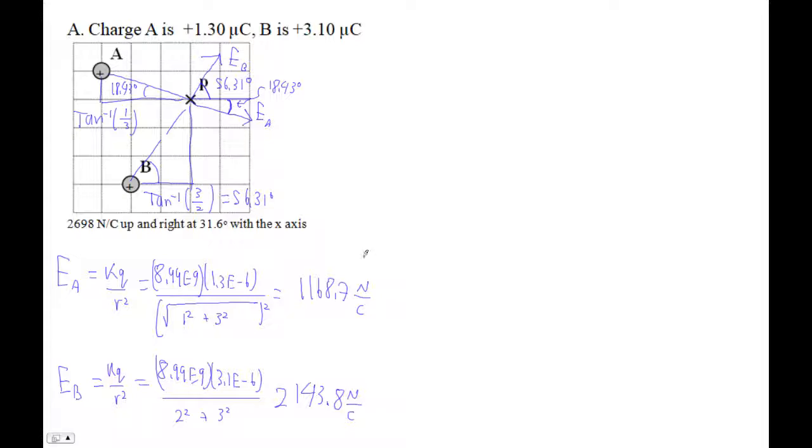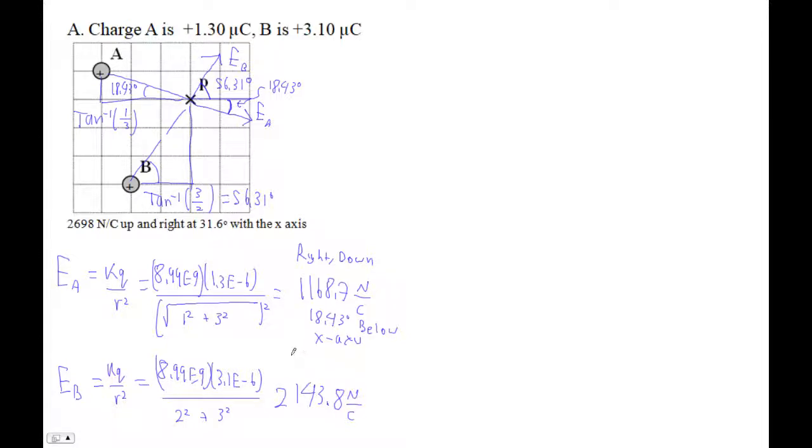All right. And then this guy, EA, is to the right and down. And it's 18.43 degrees below the x-axis.